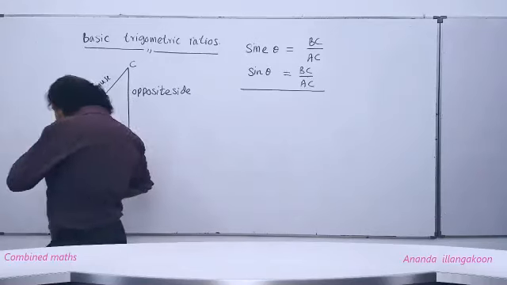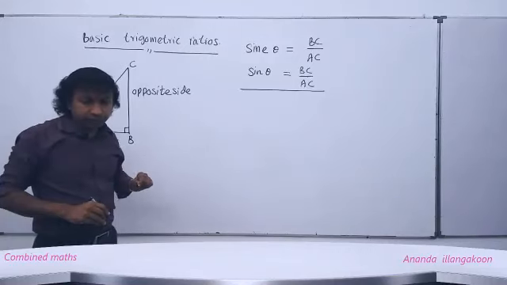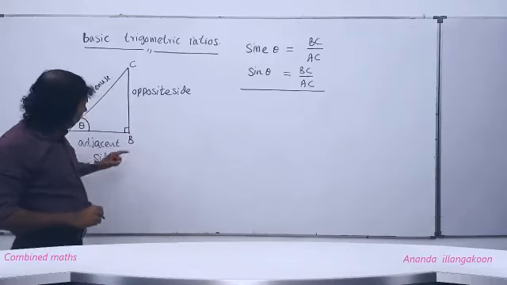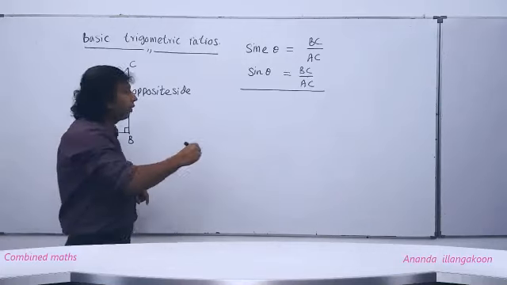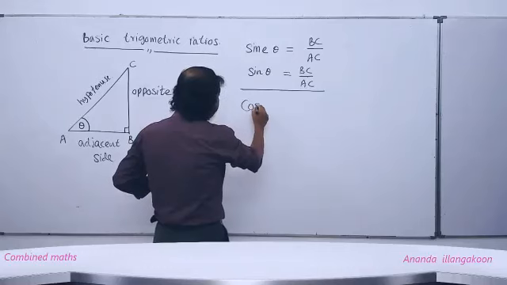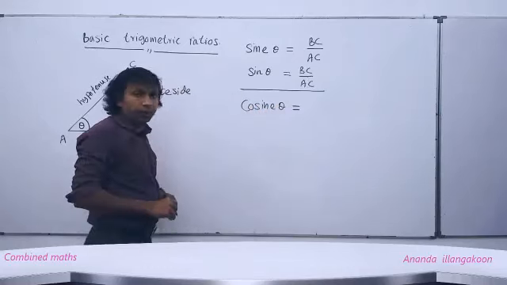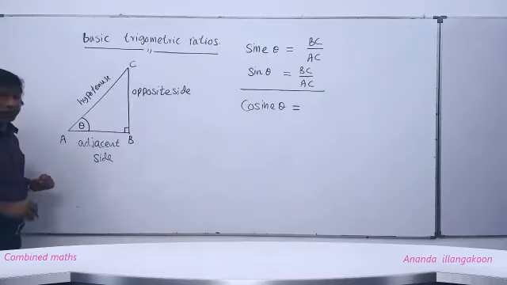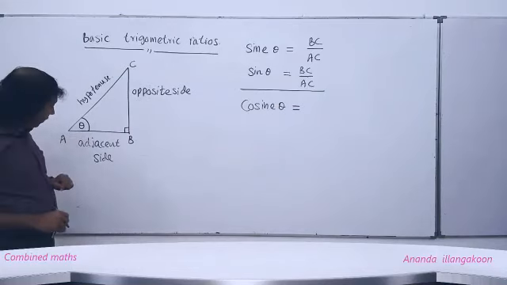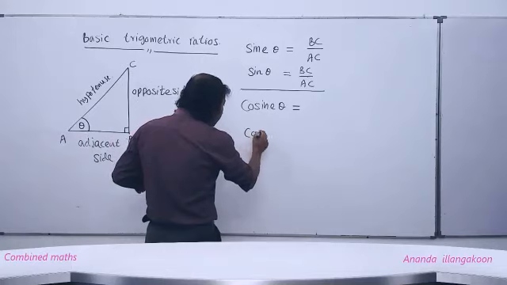Secondly, we define another trigonometric ratio. For this angle theta, it's cosine theta. Second ratio of the angle theta is cosine theta. We usually write this cosine theta as cos theta.